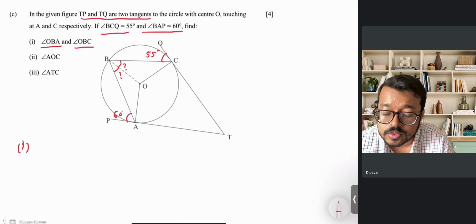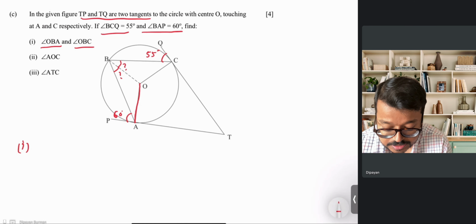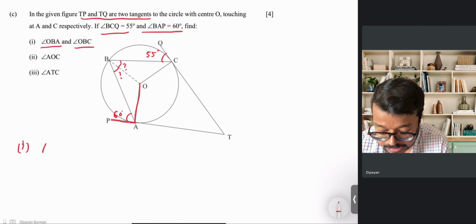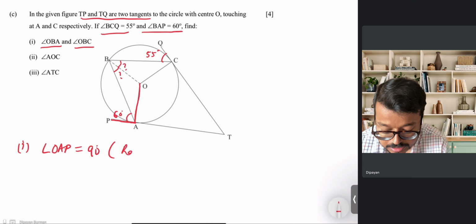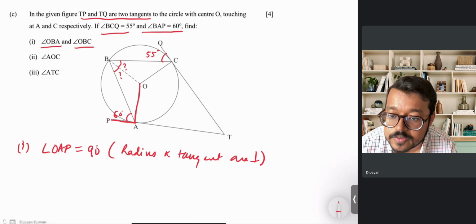Since we have two tangents given to us, let's say that OA is a radius, PA is a tangent. So angle OAP will be equal to 90 degree. Reason is radius and tangent are perpendicular at point of contact.